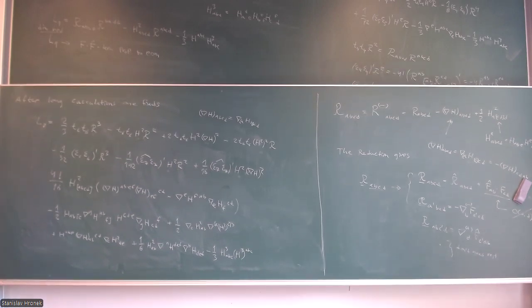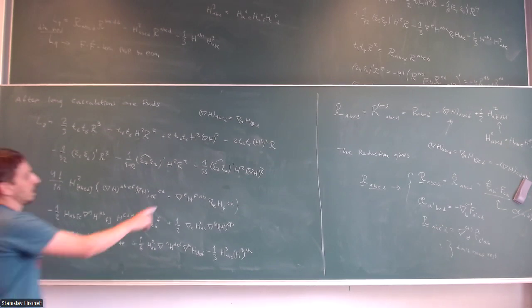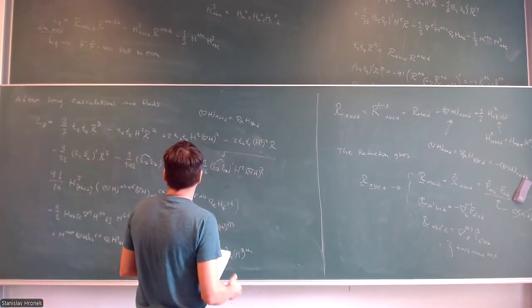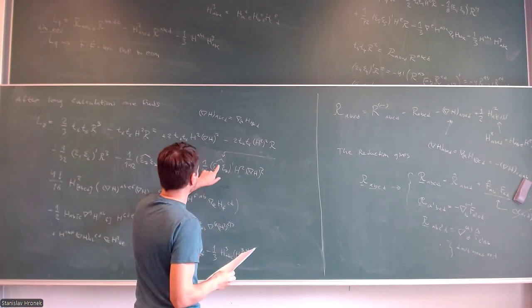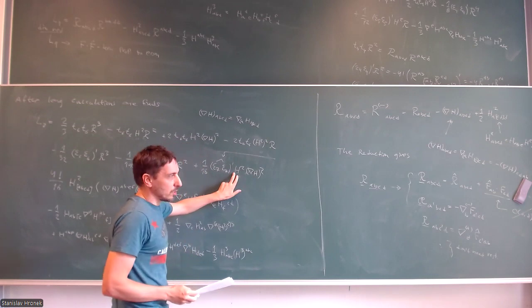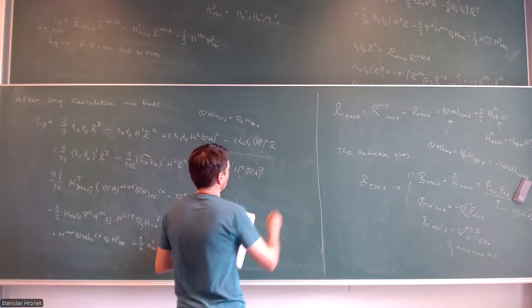Okay, it's not very simple, so I didn't tell you what this hat means. This hat means to remove the terms where there's no contraction between the two H's, or where all the indices are contracted.